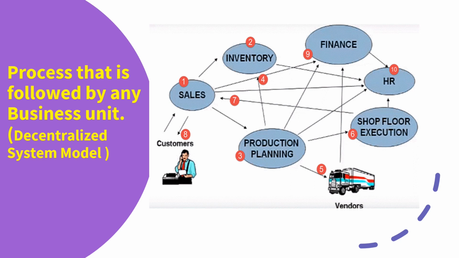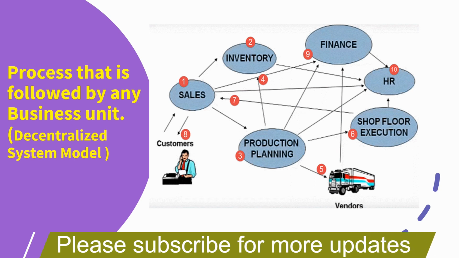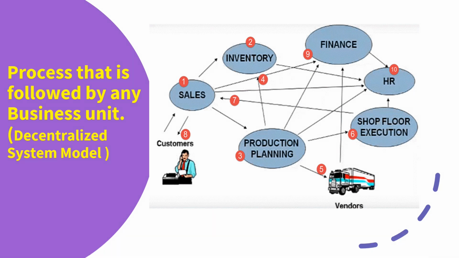You can see the client contacts the sales team to check the availability of the product. Then the sales team approaches the inventory department to check availability. In case the product is out of stock, the sales team approaches the production planning department to manufacture the product. The production planning team also checks with the inventory department for availability of raw material.